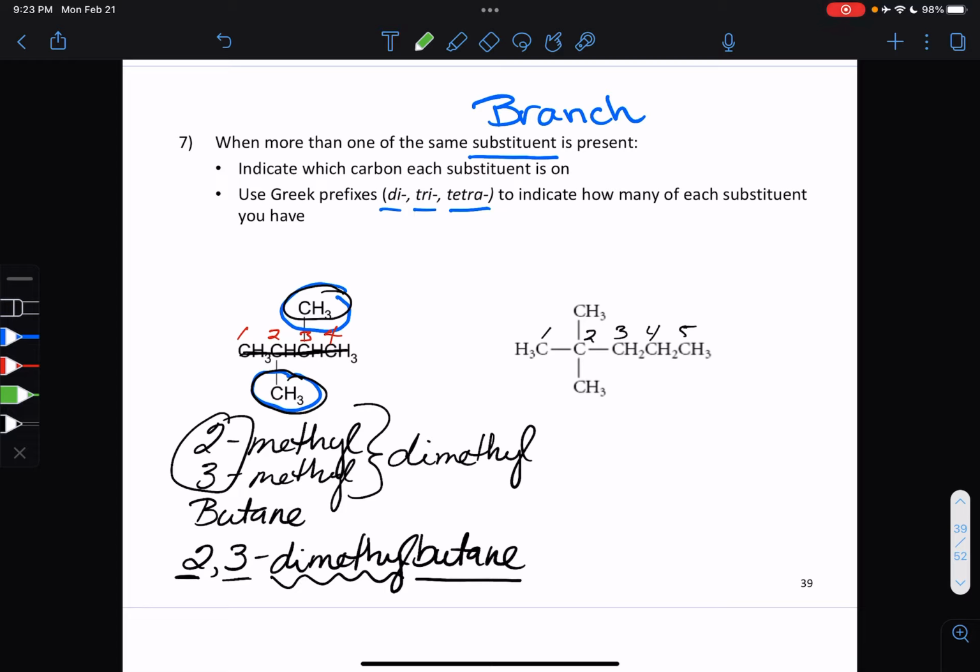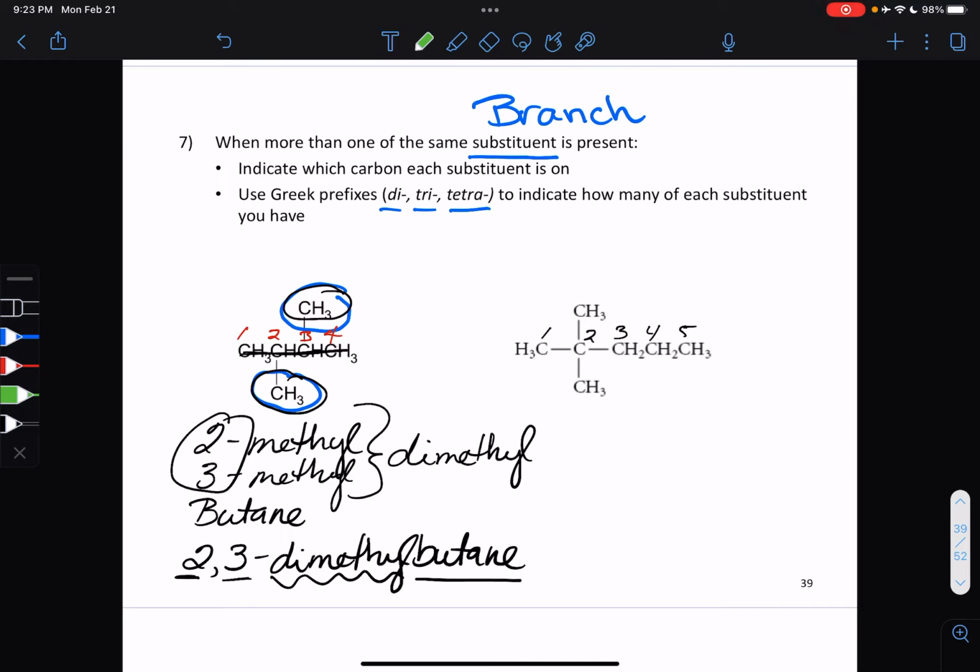You could do 1, 2, 3, 4, 5, and that's still going to give us a methyl on carbon 2 and a methyl on carbon 2, if that's the longest continuous chain and the methyl to the left and the methyl on top are both branches. So that's going to end up being the same thing. So you could do that too, but most of us just want to go horizontal and want to go left to right. So we're going to back up and get rid of the green numbering.